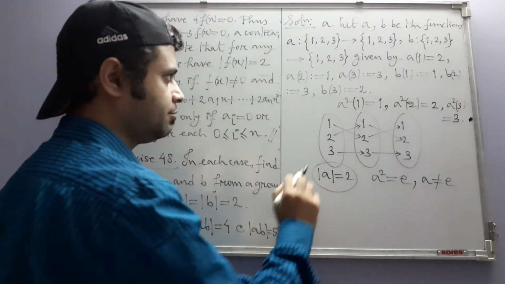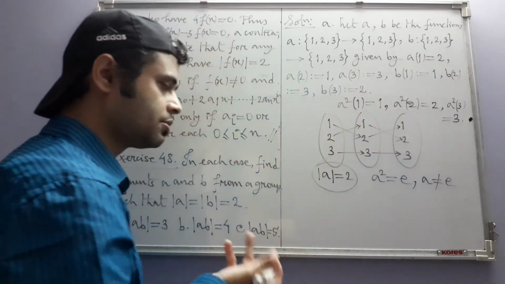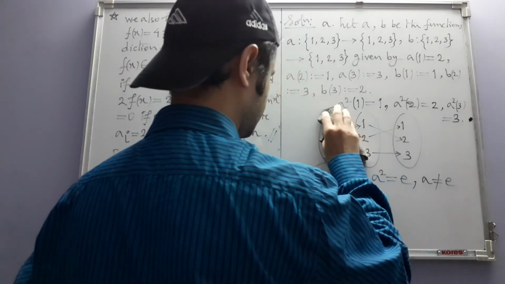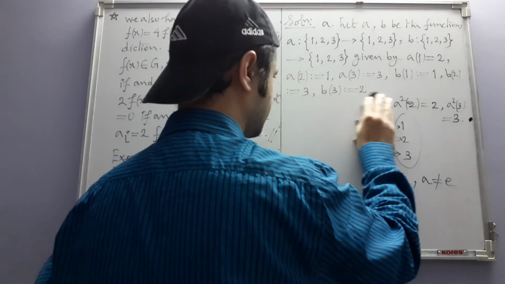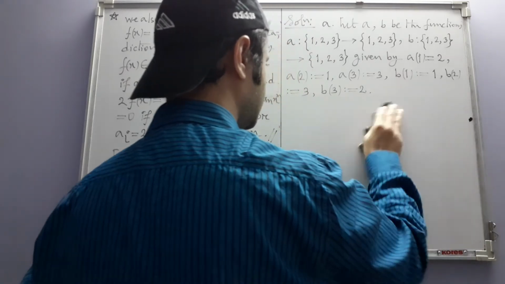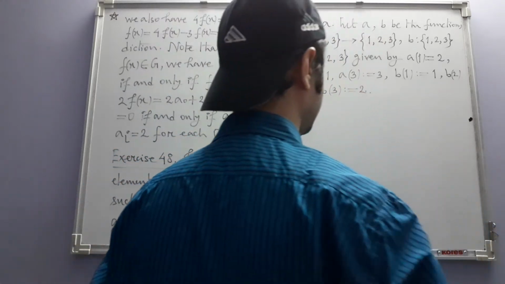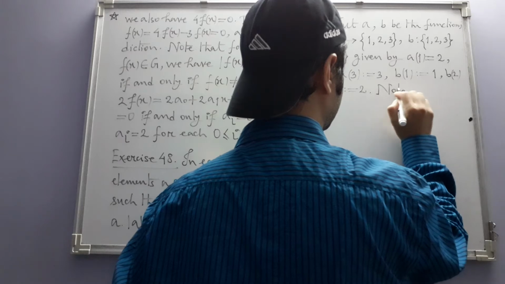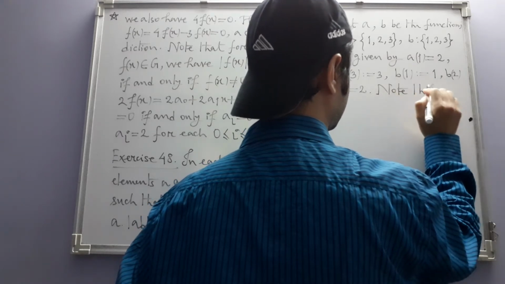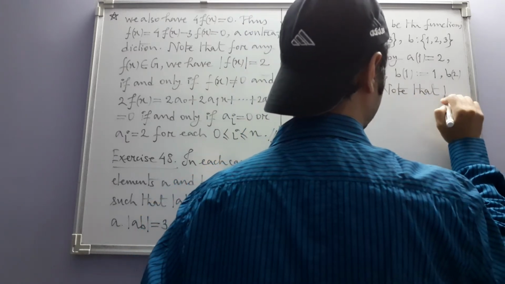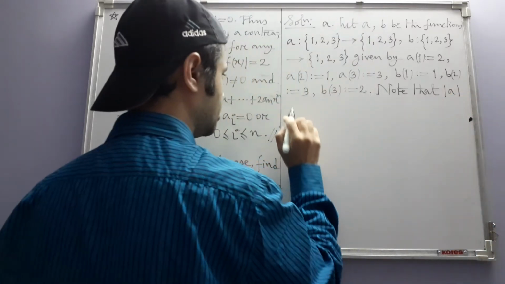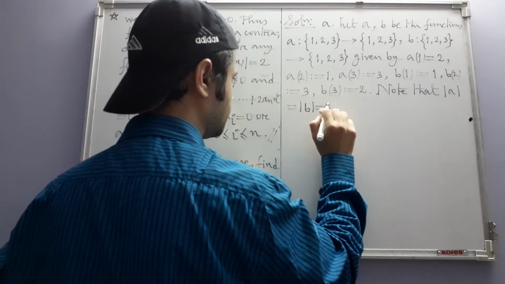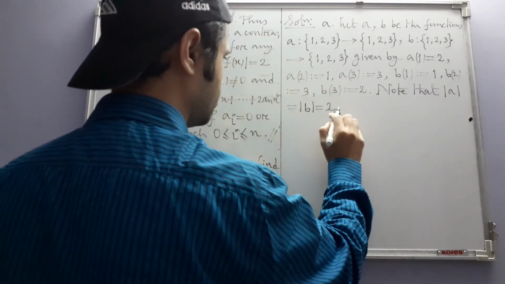Similarly, you can verify that the order of B is also equal to 2. Let me wrap this part off. Now that we have understood why the order is 2, note that order of A equal to order of B is equal to 2.